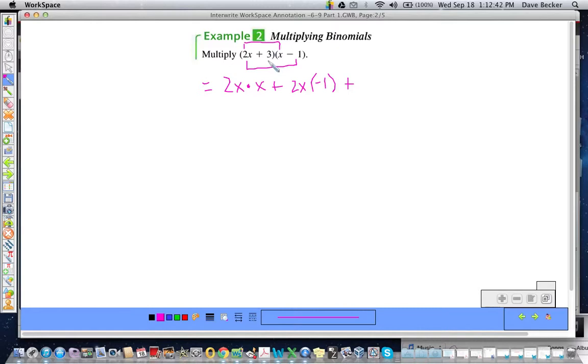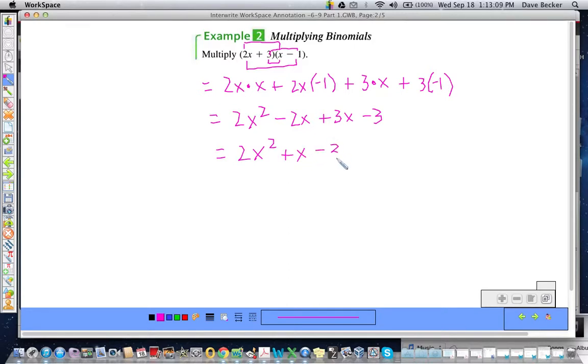Plus inside terms, 3 times x. Plus the product of our last terms, which are 3 and negative 1, 3 times negative 1. And we're going to clean that up with 2x squared minus 2x plus 3x minus 3, which is finally equal to 2x squared plus x minus 3, a thing of beauty.